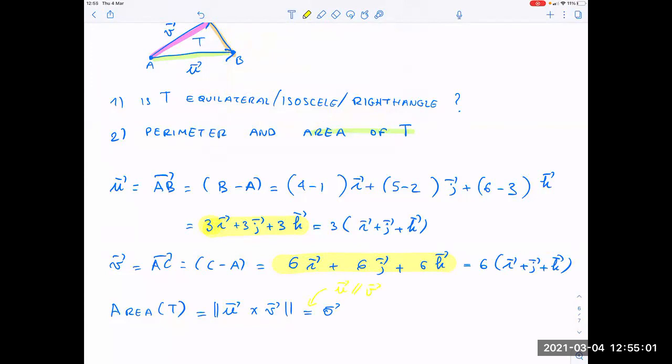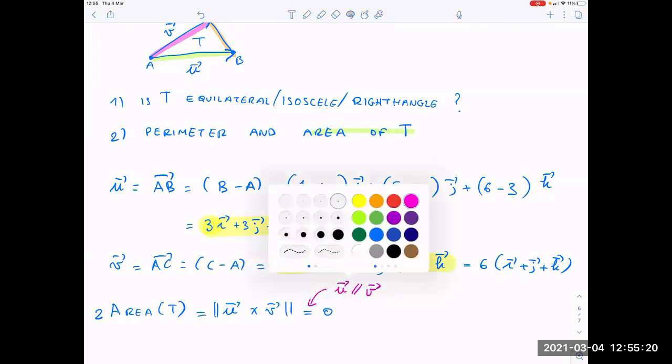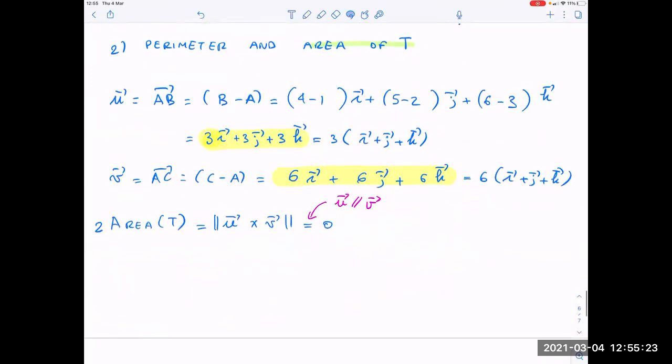Twice the area is this number, and the number is a number, not a vector. The reason why it is 0 is because they are parallel vectors. If you don't realize it, what you do is compute the cross product using the table. So you write 3, 3, 3, 6, 6, 6.